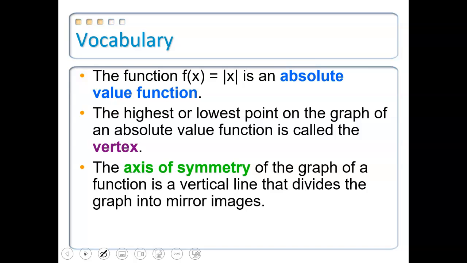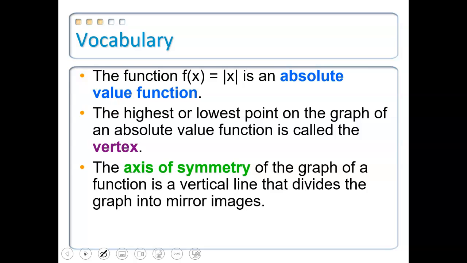And then the axis of symmetry of a graph of a function is a vertical line that divides the graph into two mirror images.